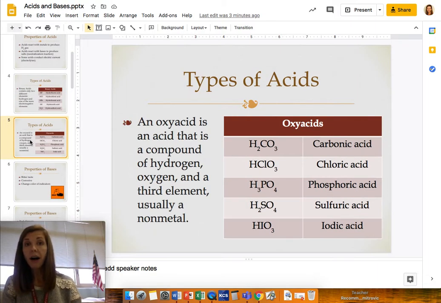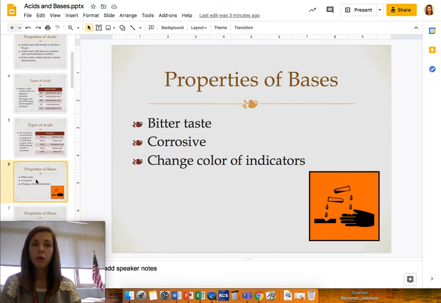We also know that there are oxyacids that are made with polyatomic ions. Remember, I ate something icky and Sprite is delicious. An oxyacid has a hydrogen, oxygen, and a third element, which is usually a nonmetal. So chloric acid or phosphoric acid, nitrous acid, things like that. But you'll notice that all those acids start with H, right?